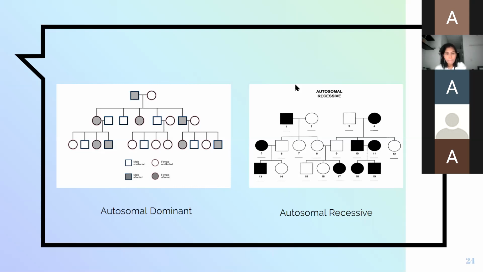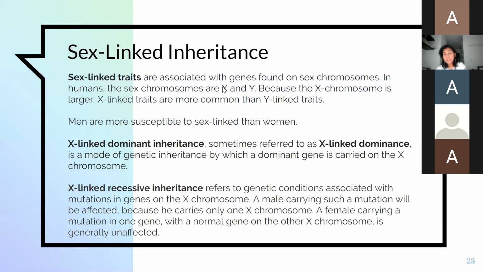Then we have sex-linked traits. Sex-linked traits are essentially genes that are found only on the sex chromosomes, so your X chromosome or your Y chromosome. Because the X chromosome is larger, X-linked traits are more common than Y-linked traits. Also, men are more susceptible to sex-linked traits than women.